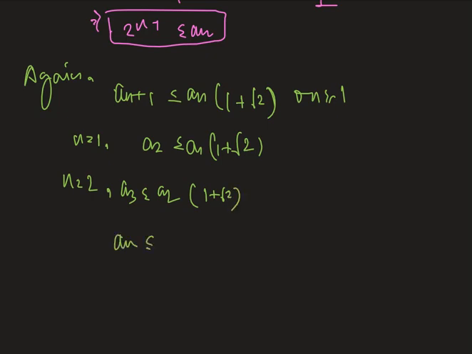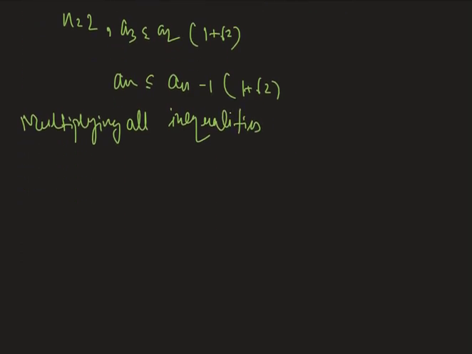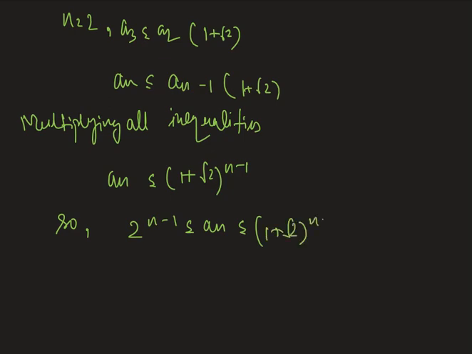Therefore we can generalize it: a_n is less than or equal to a_{n-1} times 1 plus root over 2. Multiplying all inequalities, we get a_n is less than or equal to 1 plus root over 2 whole to the power n minus 1. So we get 2 to the power n minus 1 is less than or equal to a_n, which is less than or equal to 1 plus root over 2 to the power n minus 1.